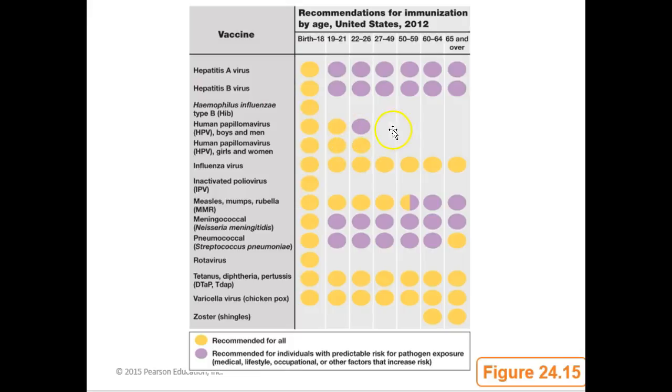I'm too old to get one of these. It's all over for me, but anyway. And they even have rotavirus in here. I mean, a lot of these things are optional except when you come into school, when you need measles, mumps, and rubella, or you can't participate in certain public activities because you could be a carrier.